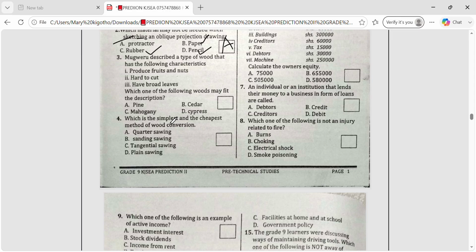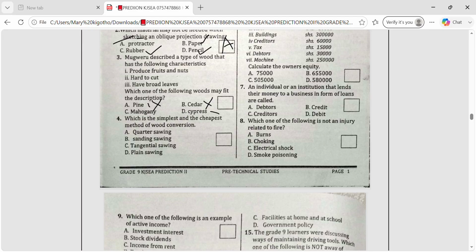Hope you have paused the video. Now, is this a pine? No, pine is softwood, so that's out. Is it cedar? No, that's softwood. Is it cypress?